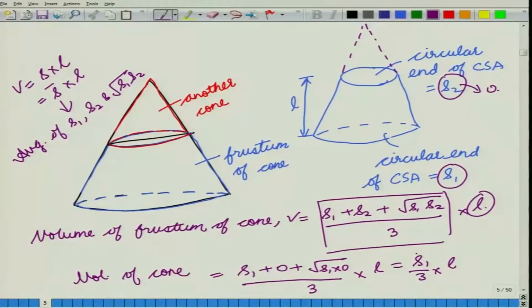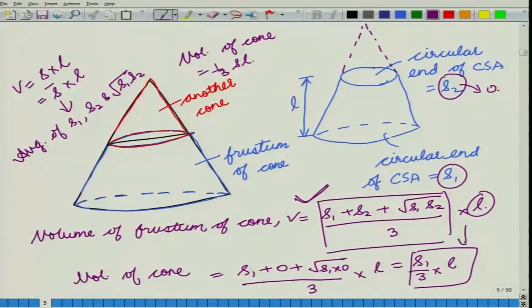The volume of the cone is 1 by 3 S into L, where S is pi r square. So, by using this equation for the frustum, we can derive the equation for the cone as well.